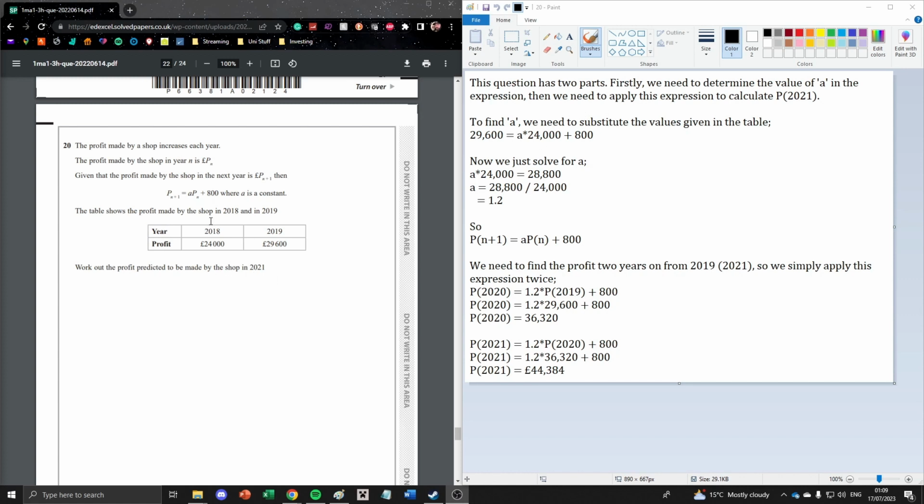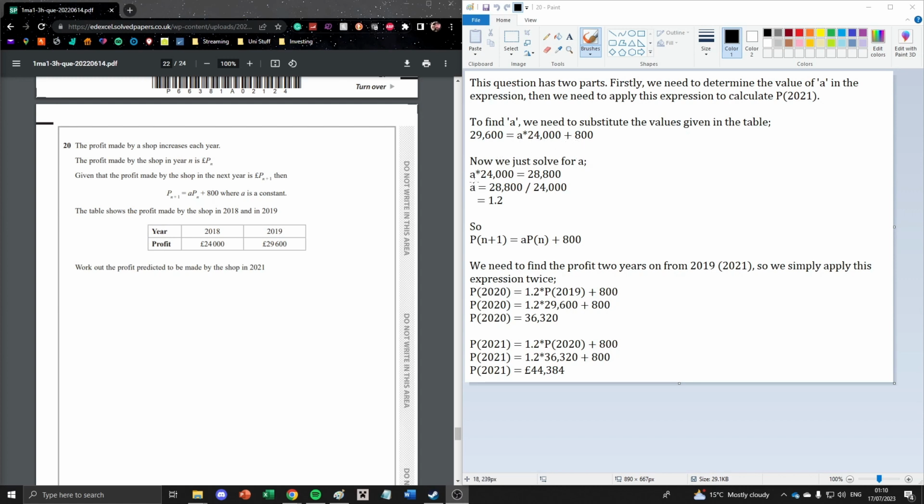So the first thing we need to do is find the value of A. So we're going to substitute in our values here. 2019 we're going to use as Pn plus 1, and 2018 as Pn. So in that case we get that £29,600 as 2019 profit equals A times £24,000 2018 profit plus 800. Now we're just going to solve for A. So first of all, we're going to subtract 800 from both sides.